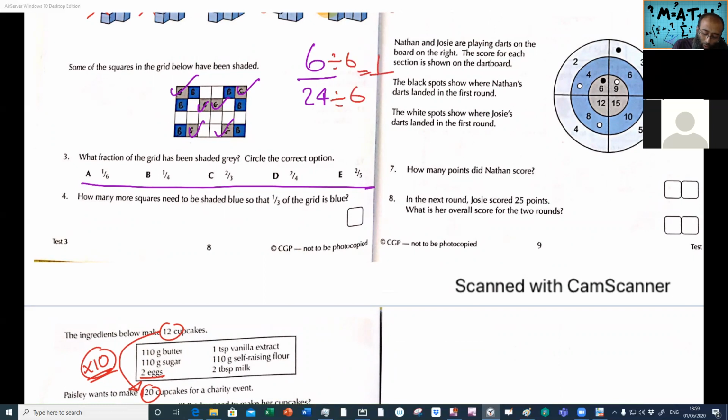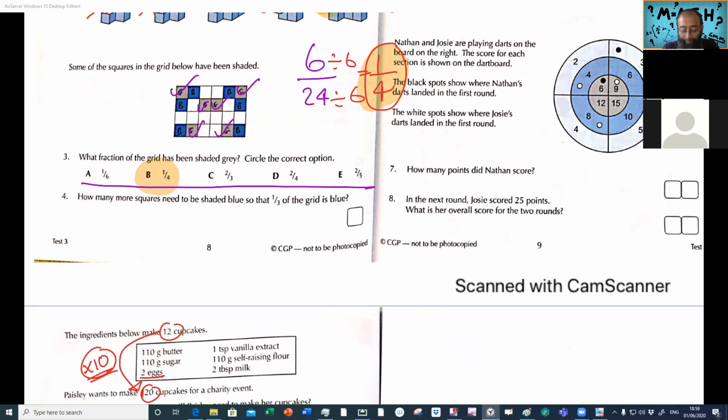That'll give you 1 over 4, 1/4. And 1/4 is over here. So 1/4 of the grid is shaded in gray. So don't worry if your first answer doesn't match. Maybe you need to cancel your answer down to get an equivalent answer, and that one will match.